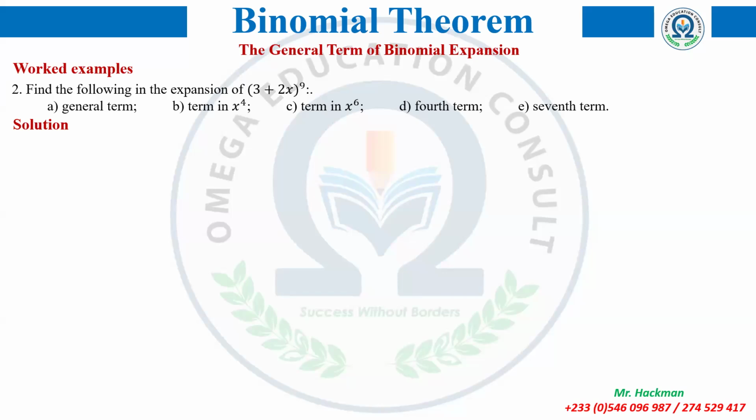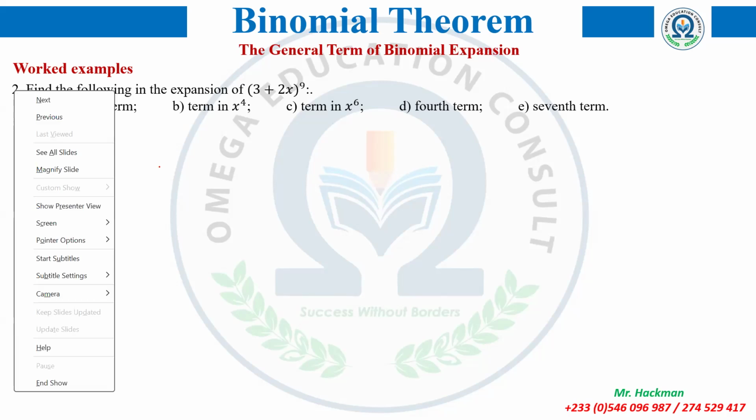Let's look at our second worked example, our second question. It's not entirely different from what we did in the first one, just the binomial that we are expanding. Read the question and underline the salient part, if any. There is no salient part to underline, so the first thing you write is solution, then you come to your question number.